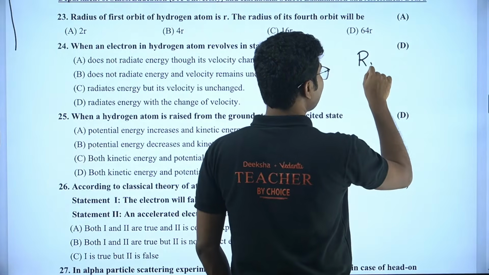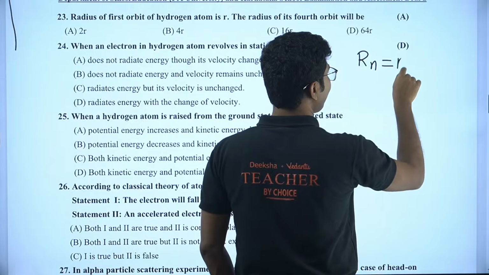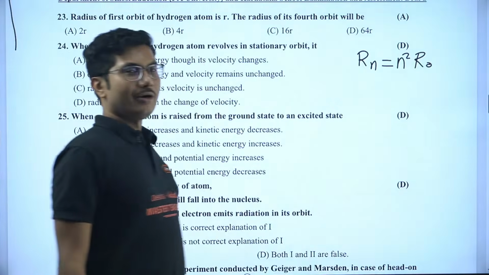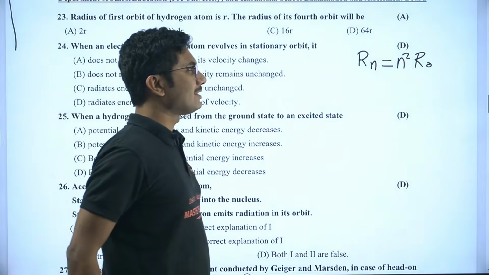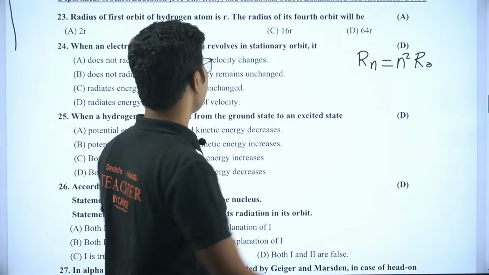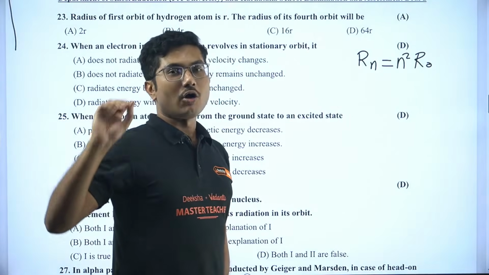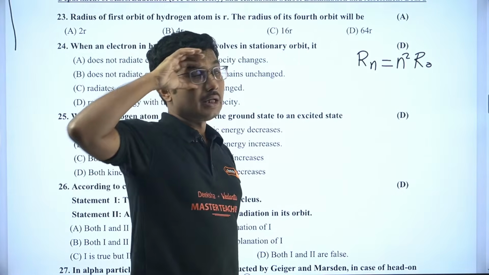Remember this: Rn equals n square into R0. So the radius of the nth orbit is n square times the Bohr radius. The Bohr radius, the first Bohr orbit, or the radius of the first orbit, they are all the same.